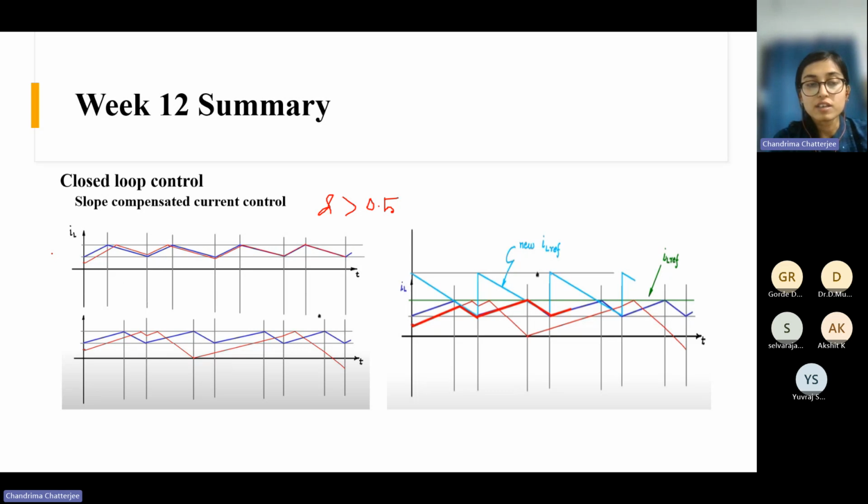This is case one, where your duty is less than 0.5. And case two is when your duty is greater than 0.5.